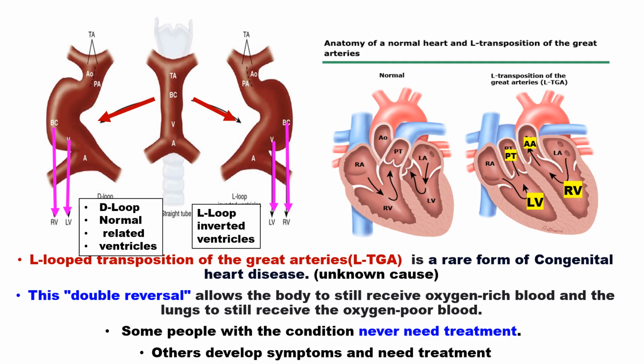L looping, the transposition of great vessels, is a rare form of congenital heart disease. It is usually of unknown cause.